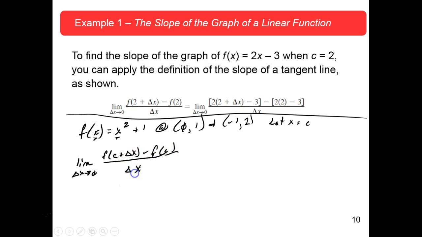Over delta x, right? So let's carry it through. Gory detail this time. This will be the limit as delta x is approaching 0 of, and what is f of c plus delta x? What you've got in parentheses here, you put instead of your x. So that would be c plus delta x squared plus 1, right?